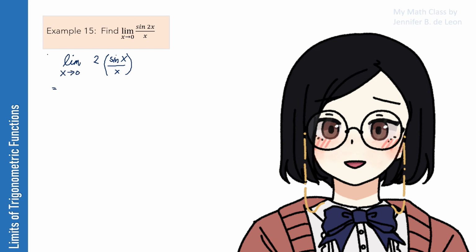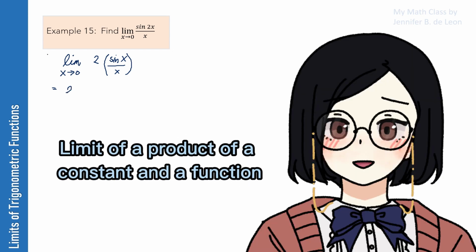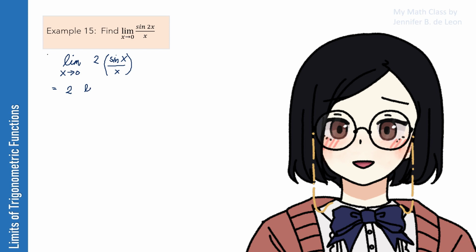Applying the limit law on the product of a constant and a function, we will have 2 times the limit of sine x over x as x approaches 0. Now take note that this expression is equal to 1.